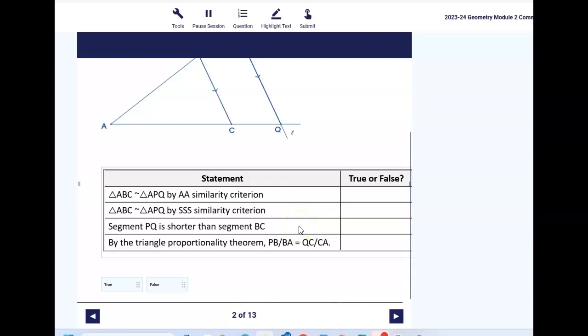Segment PQ is shorter than segment BC. And finally, the last one, by the triangle proportionality theorem, side PB over side BA is equal to side QC over side CA. Again, true or false after each of those 4 statements.